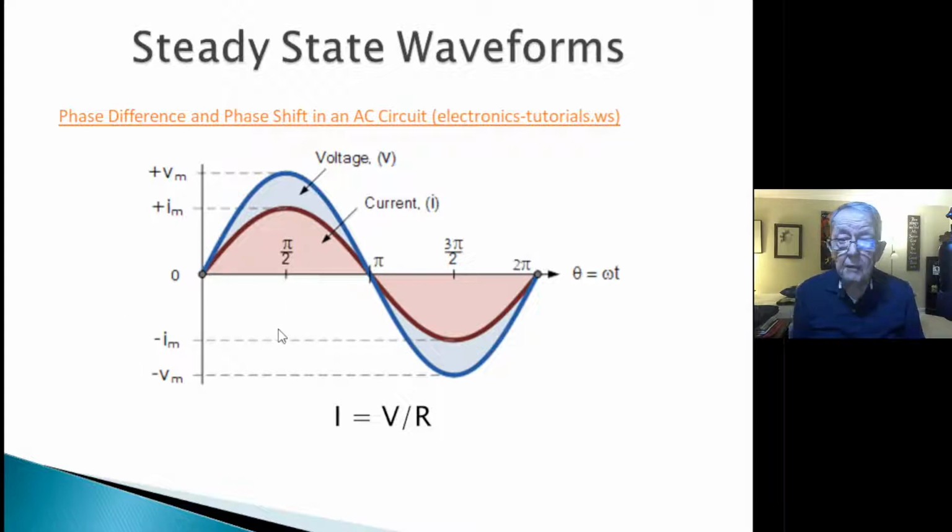In the case of a simple resistor circuit, the current is exactly in phase with the voltage. And you can measure or calculate the RMS value of current by using the technique of summing all the squares and dividing by the samples, etc.